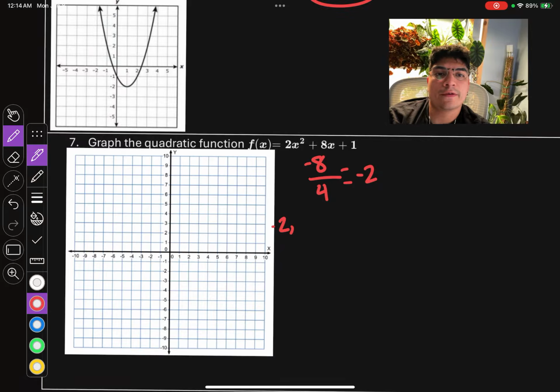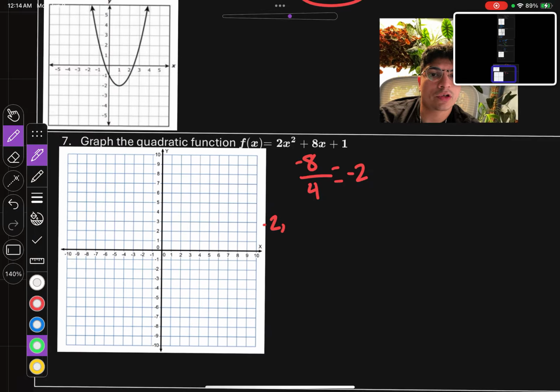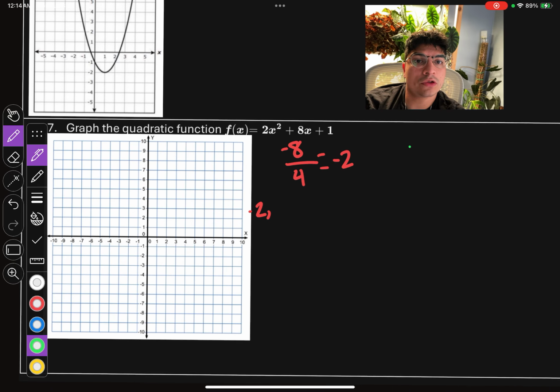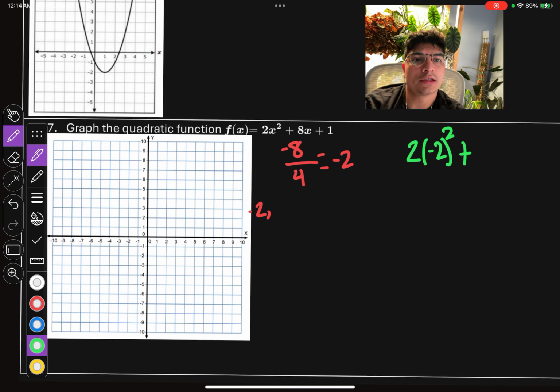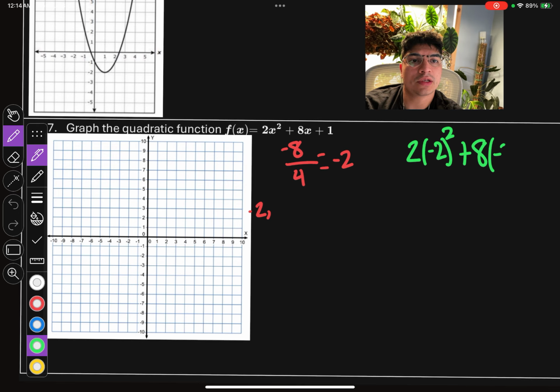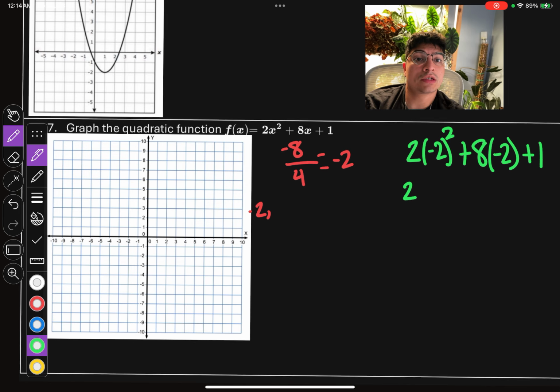So then I'm going to start doing my vertex over here. We have 2 times negative 2 squared plus 8 times negative 2 plus 1. So 2 times negative 2 times negative 2 would give me positive 8. 8 times negative 2 would give me negative 16 plus 1.